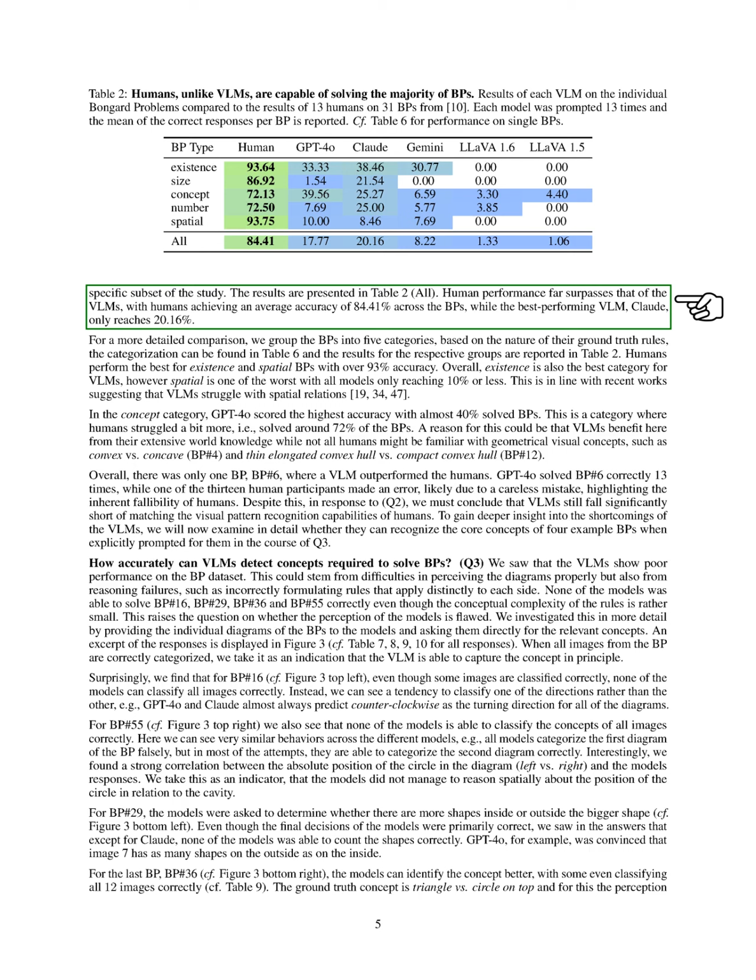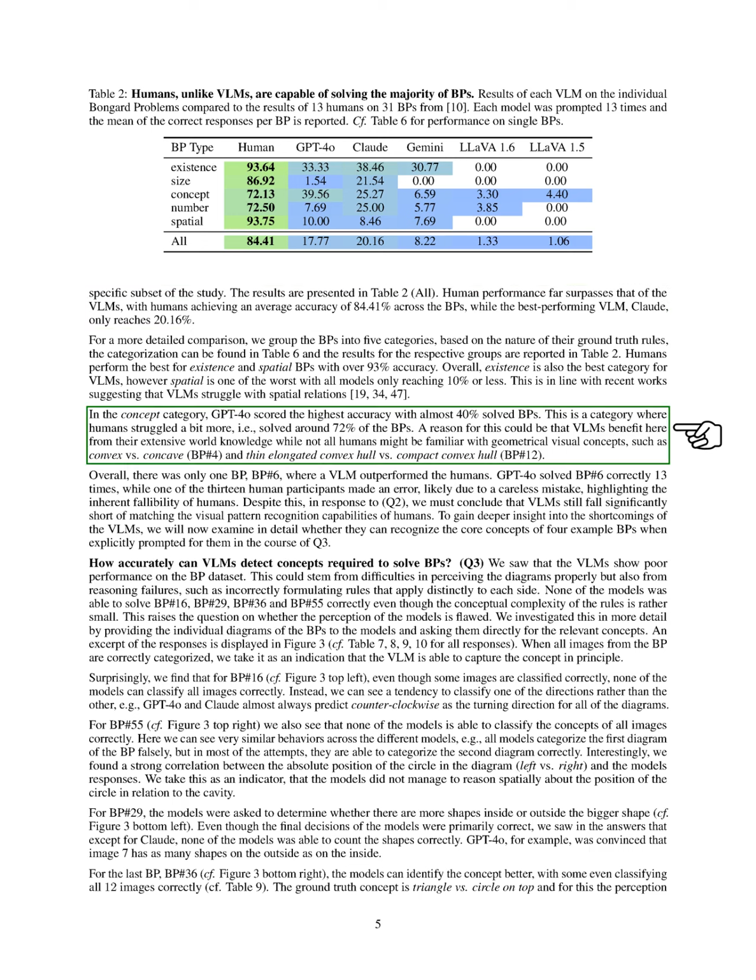We categorized the BPs into 5 groups based on their rules, finding that humans excelled in existence and spatial BPs, while VLMs struggled, particularly with spatial reasoning. GPT-4o had the highest accuracy in the concept category, but overall, VLMs still fell short of human capabilities.